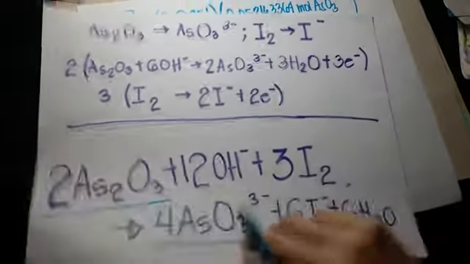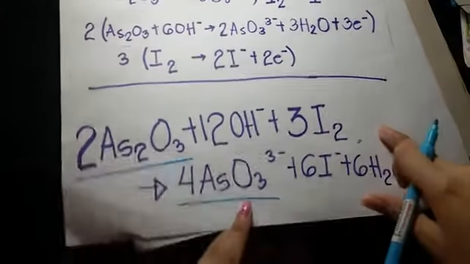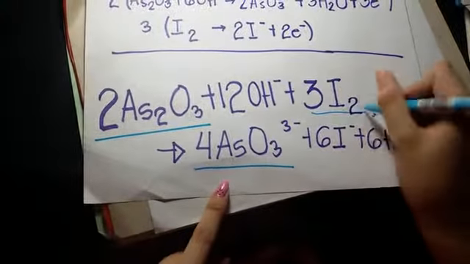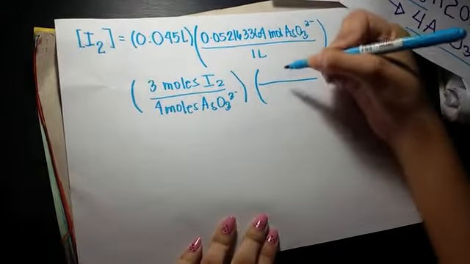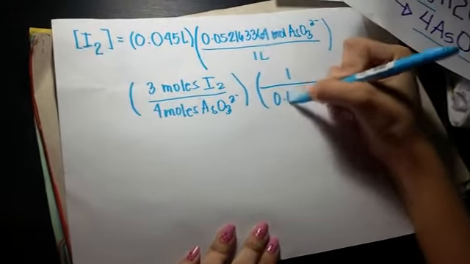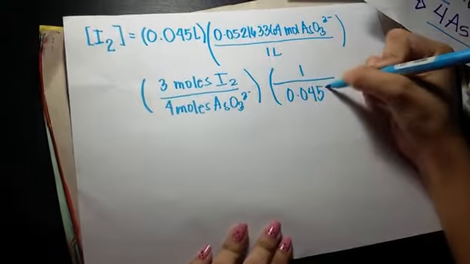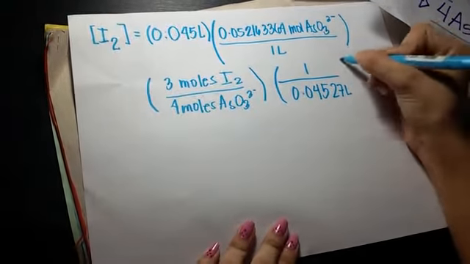Where is it? Here. 3 I2 to 4 AsO3 3 negative, and we will multiply it by 1 over 0.04527 liter.